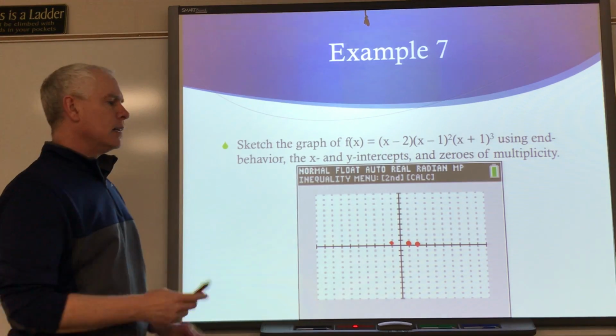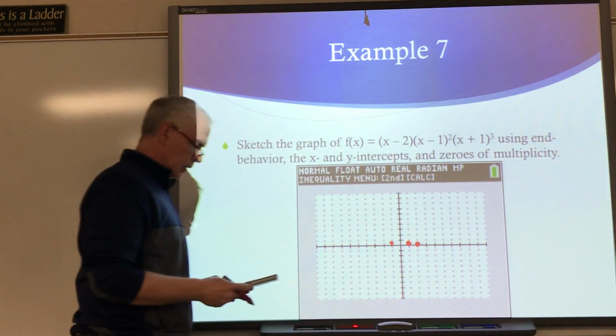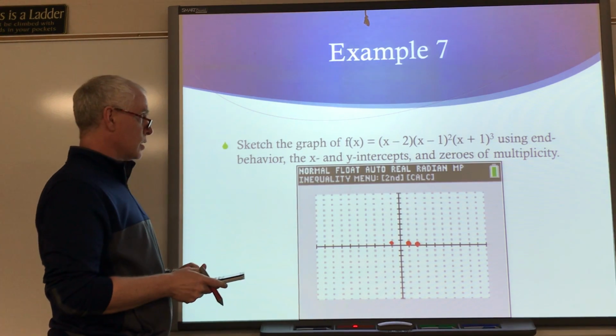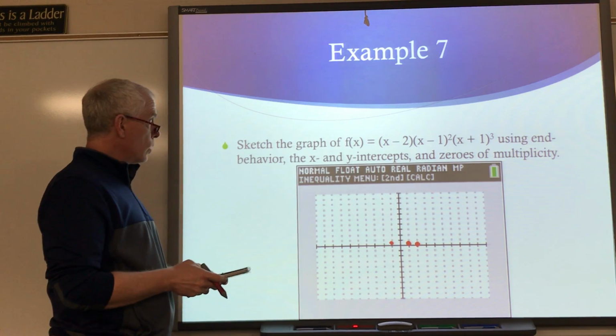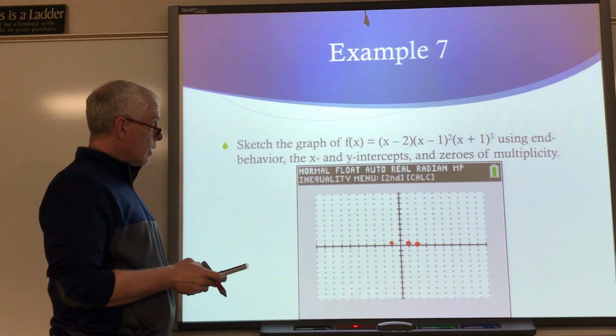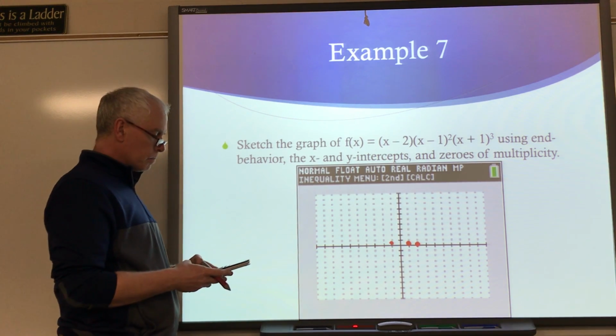Okay, so what I need to do at this point is put that into my calculator, and test just a few points to see where I can get some more values for my graph. So x minus 2, and then x minus 1 squared, and then x plus 1 cubed.